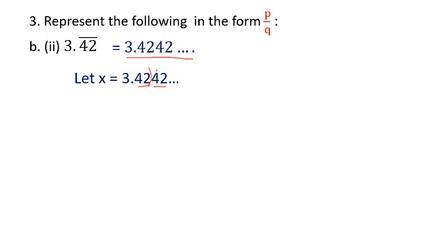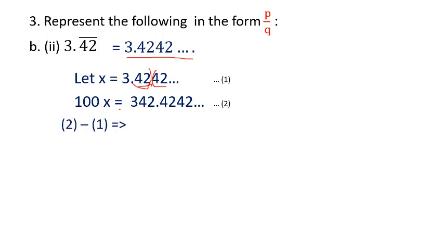After that, 4242 is common. So we'll multiply by 100 so that the decimal point comes here. So let us multiply by 100 and the number will become 342.4242. Similarly, take equation 1, equation 2. Now subtract 1 from 2, we get 100x minus x, 99x, and 342 minus 3, 339.